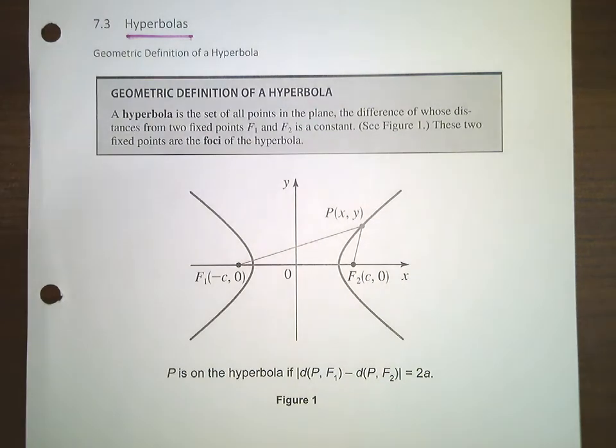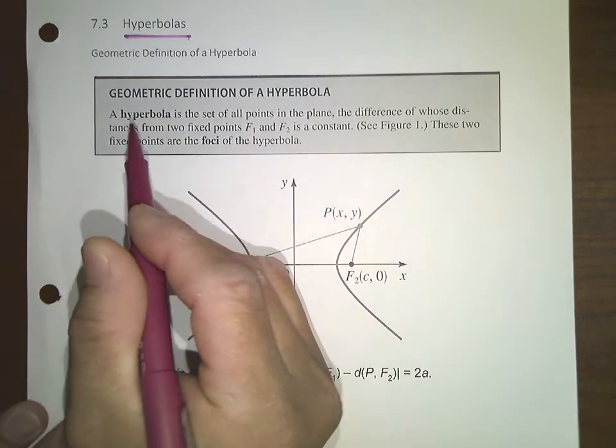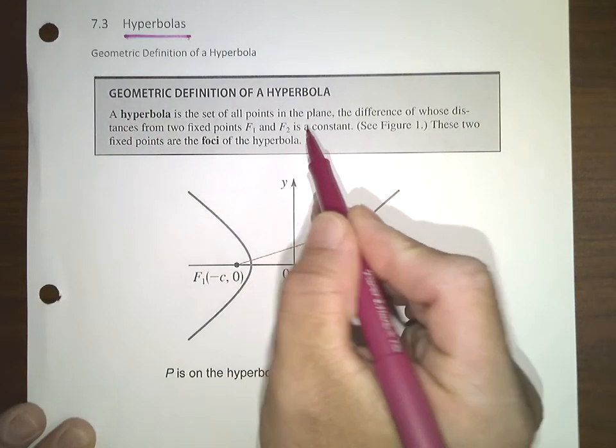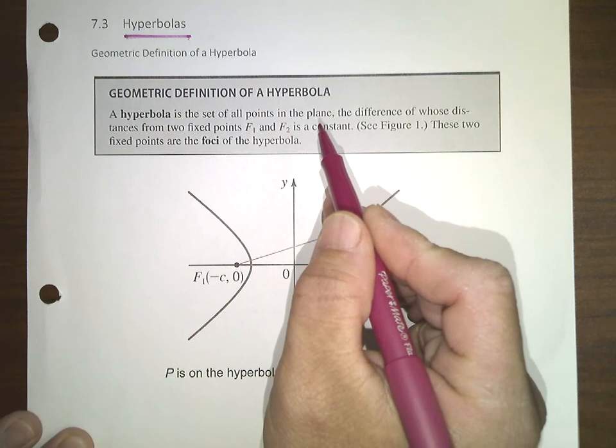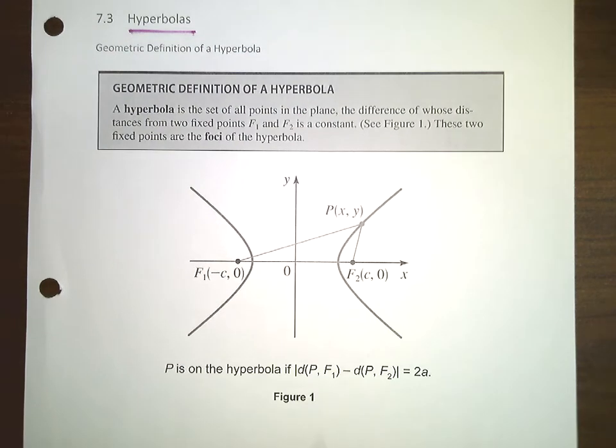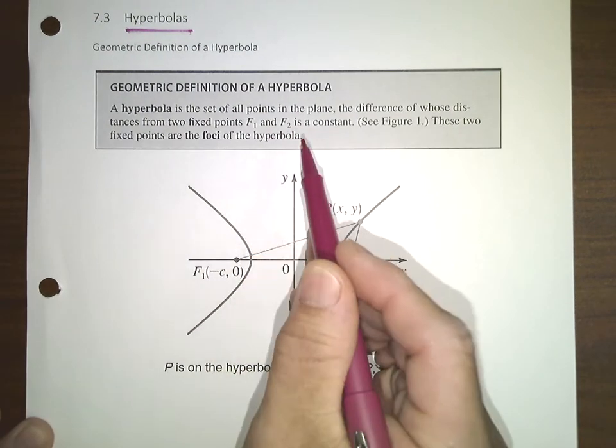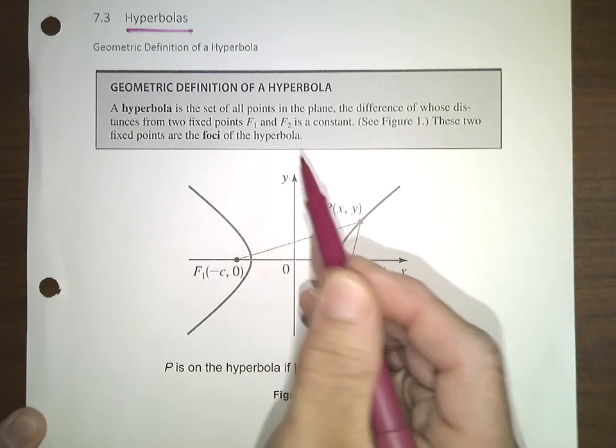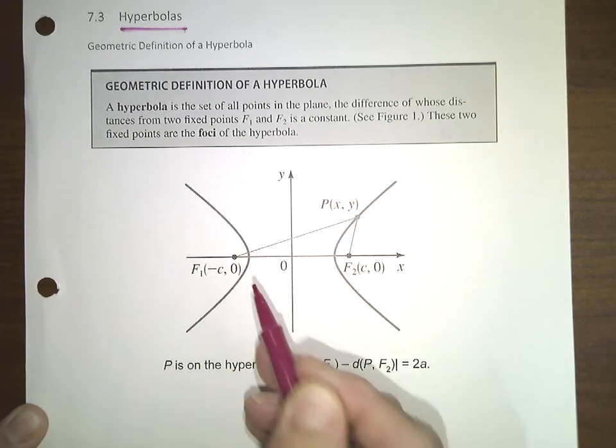So a hyperbola is the set of all points in the plane, the difference of whose distances from two fixed points F1 and F2 is a constant, and these two fixed points are called the foci of the hyperbola.